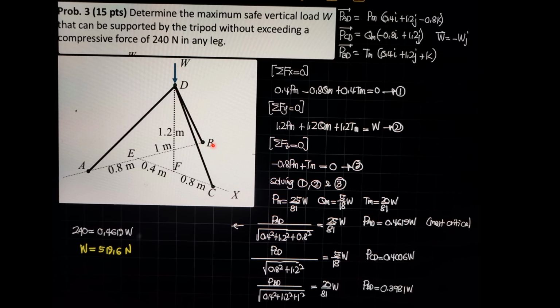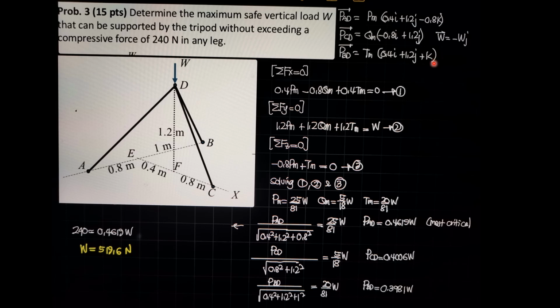PBD is along x 0.4, directed forward from B to D, so positive 1k, rightward positive 0.4i, then upward 1.2j. I'll call the force multiplier Tm, then 0.4i, 1.2j, and forward 1k.